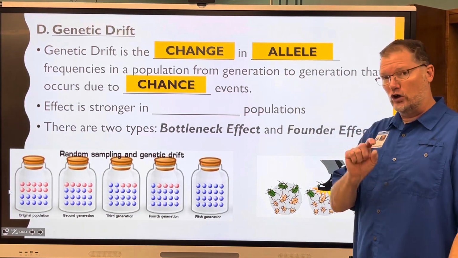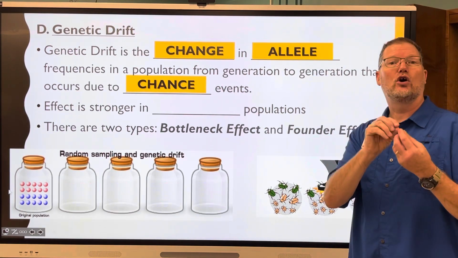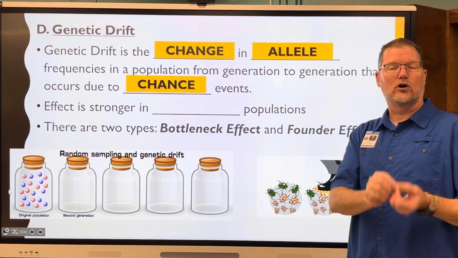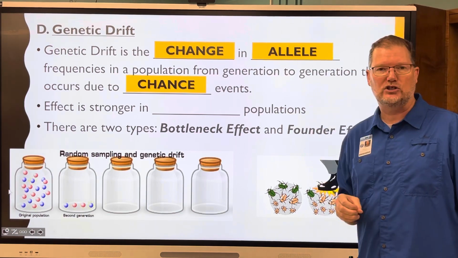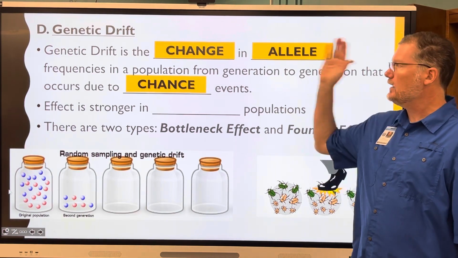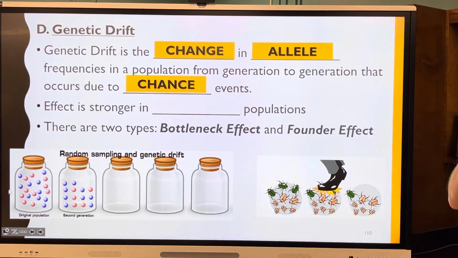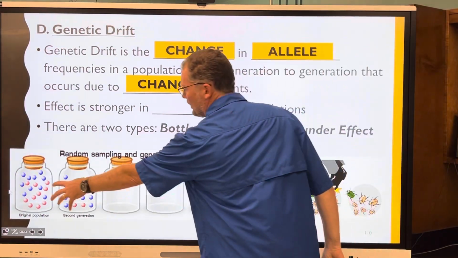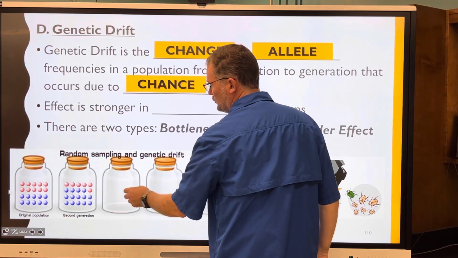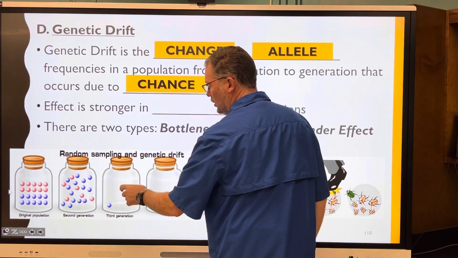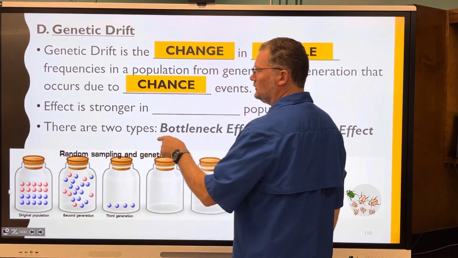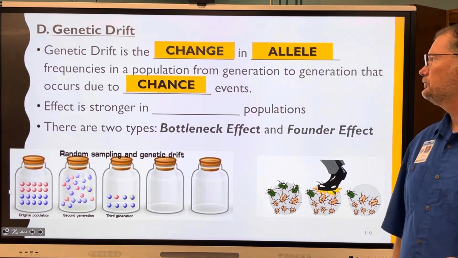Well, just like the moths, you took the genes that those were carrying out of the gene pool. And you created genetic drift. And so random things like that will cause generation after generation to have a different allele frequency.